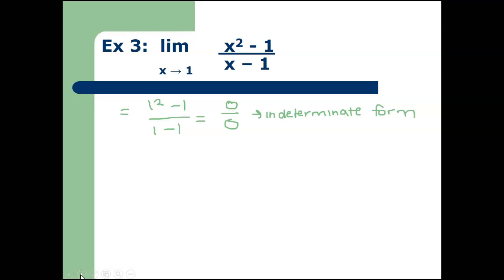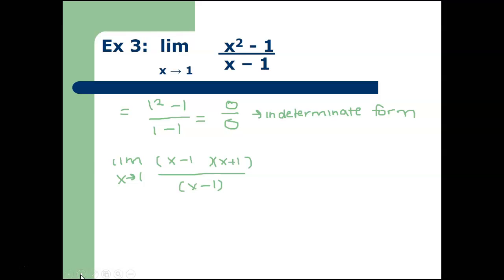So I'm going to rewrite the limit as x approaches 1. And since I'm going back to the original limit, I need to write the limit. I'm going to take the numerator and rewrite it in factored form. The numerator is a difference of squares. We can rewrite that as x minus 1 times x plus 1.